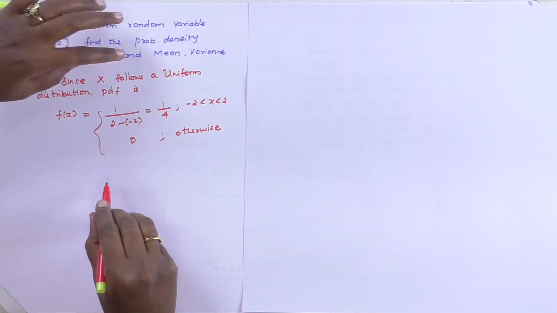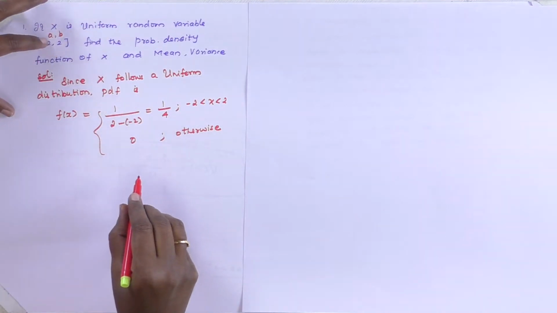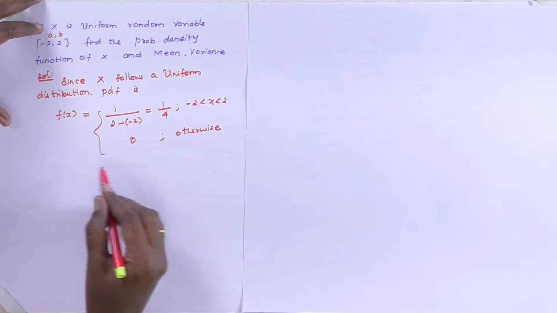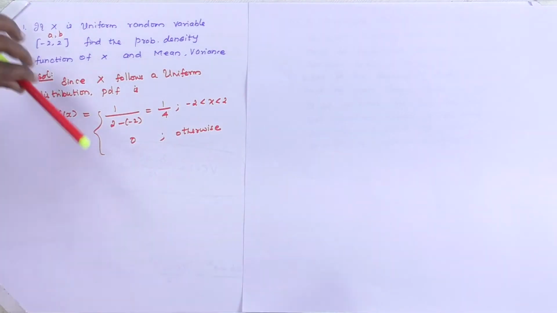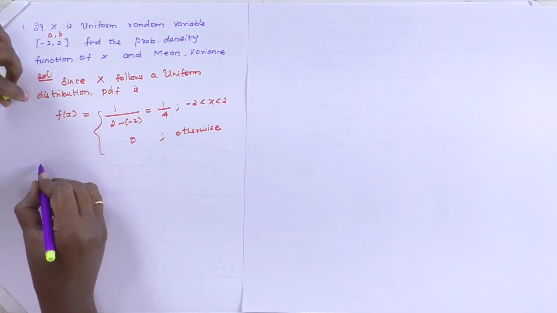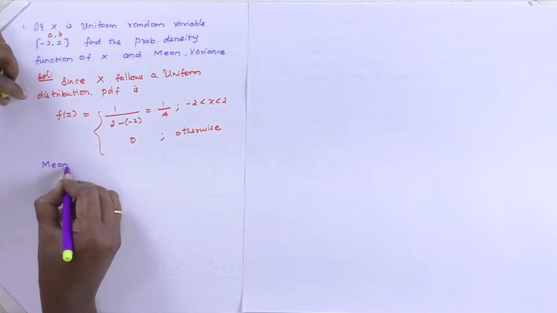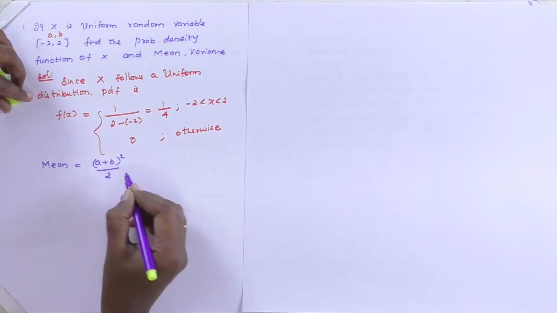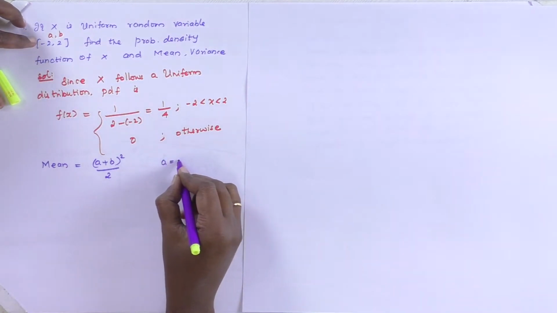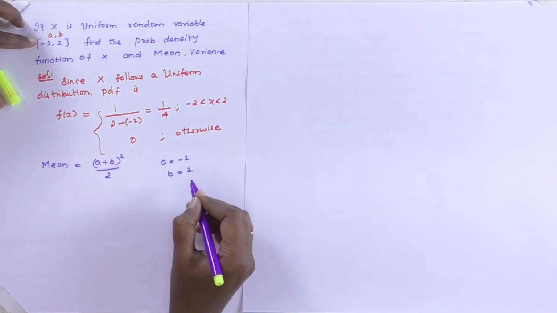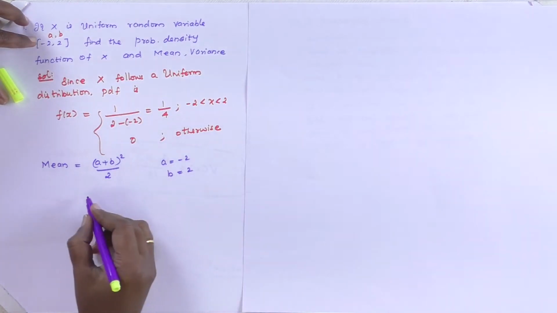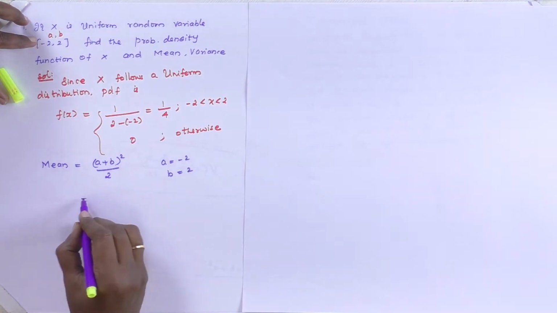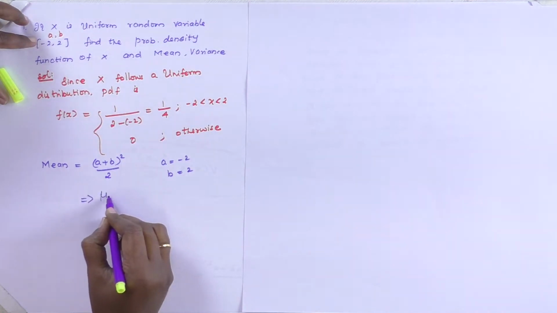Next we have to find the mean and variance values. We know the formula for the mean under uniform distribution: mean is a plus b divided by 2. Here a equal to -2, b equal to 2. Take the sum of these two values, we get 0. Mean value mu is 0.